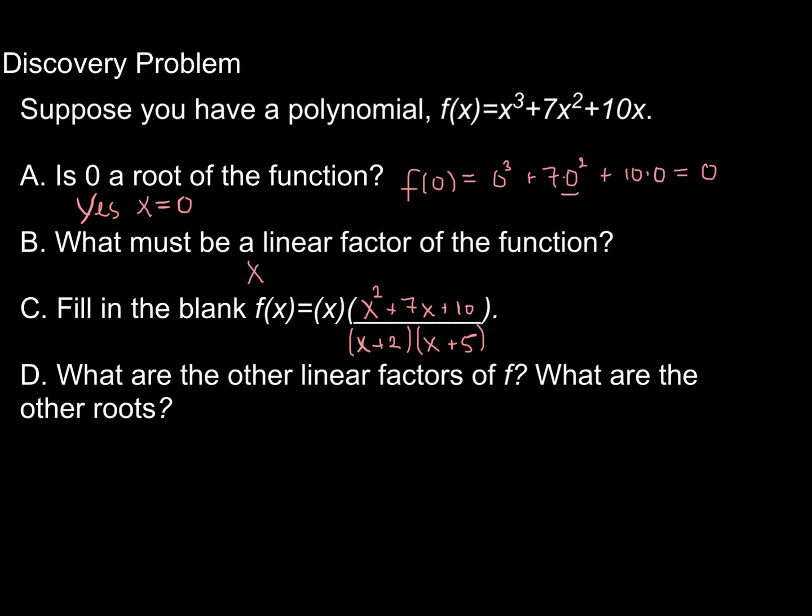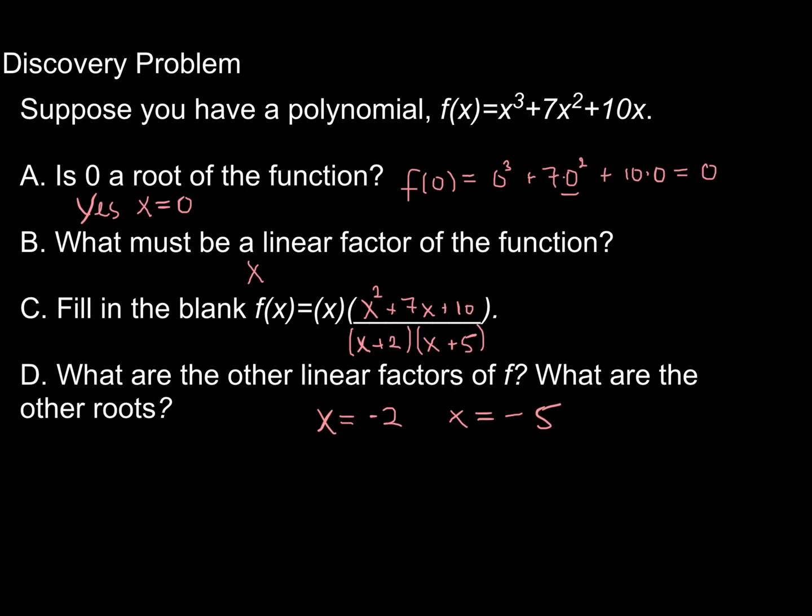So what are the other roots? Well, I know if I plug in 0, the whole thing will be 0. And now it's easy to figure out which x values make these two linear factors go to 0: -2 and -5. So the other roots are x equals -2 and x equals -5. Now notice what we've done.